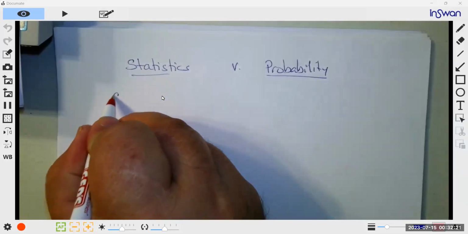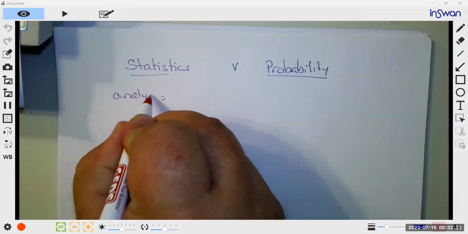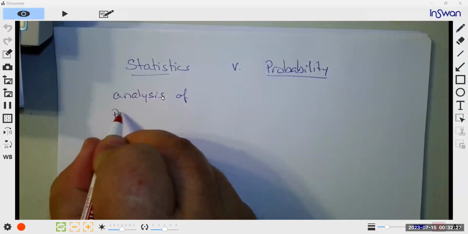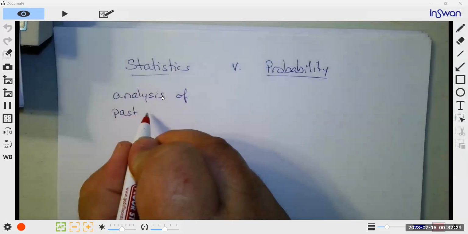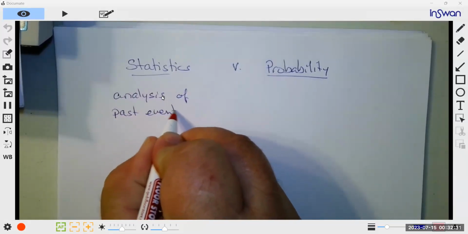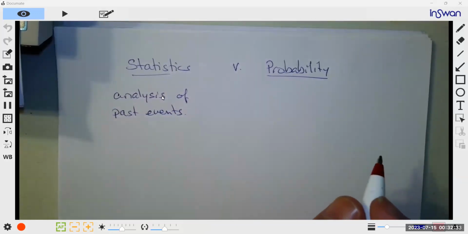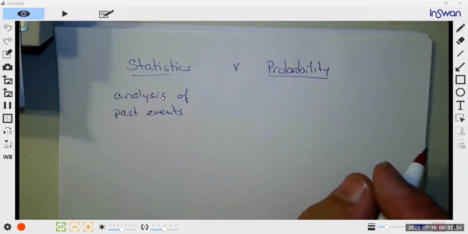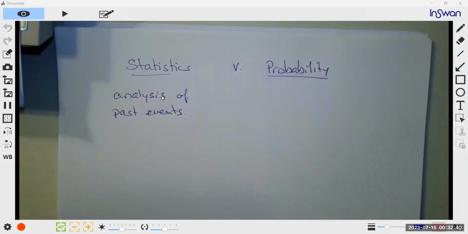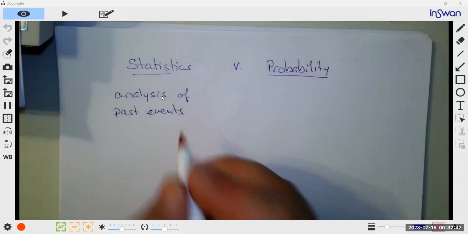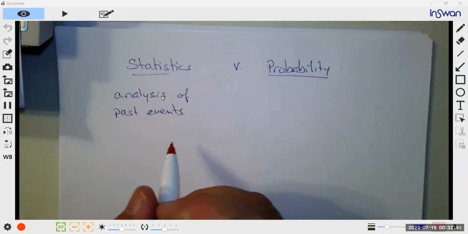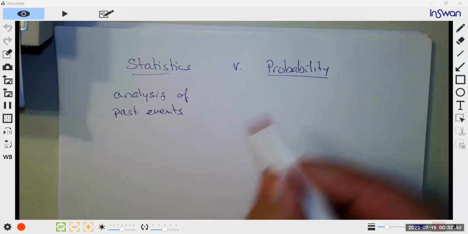Statistics is analysis of past events. Like you always hear in TV shows, "I have to be a statistic before you do anything." In other words, I have to die or something before you do anything. And that's what it means. So the death rate of cities, that's a statistic.